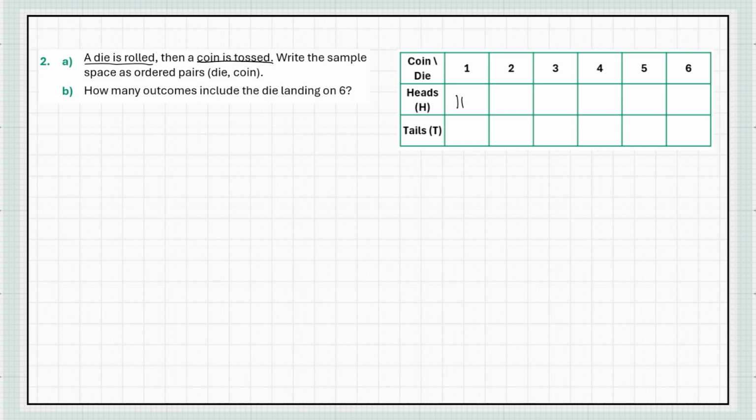So we're just going to fill out our sample space. Alright, and then the exact same thing for tails. All we are doing is writing in each one of the letters representing the coin and where it landed and the number that we got on the die.